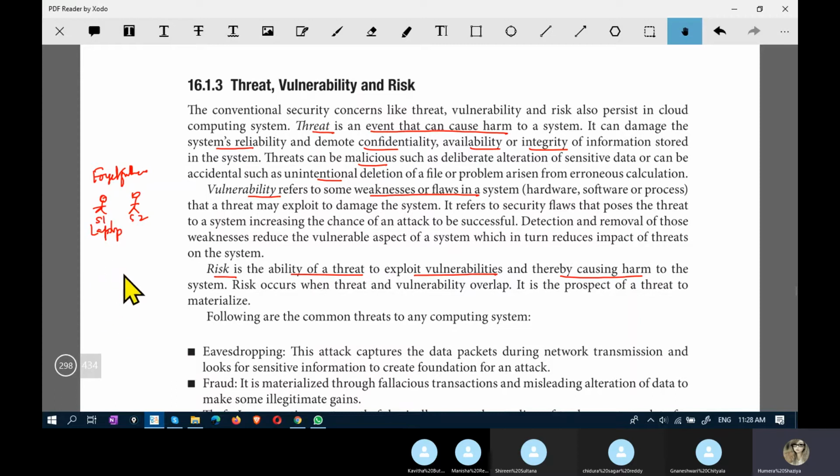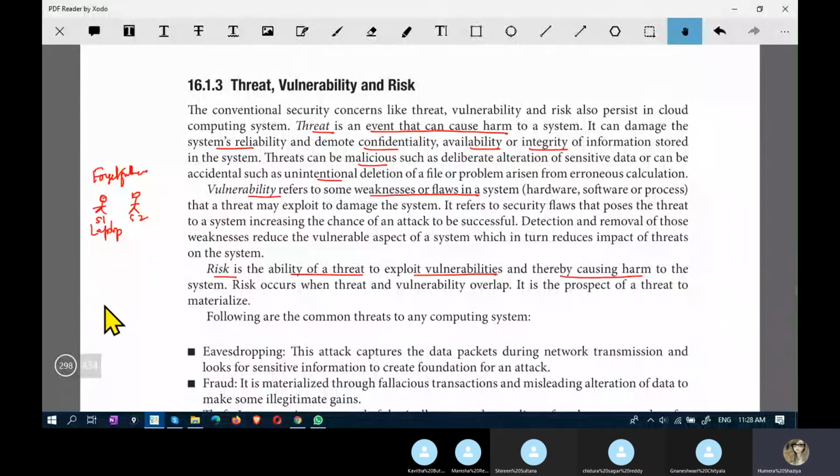Likewise, there are several hackers and fraudsters, spammers, illegal and illegitimate activity performers.